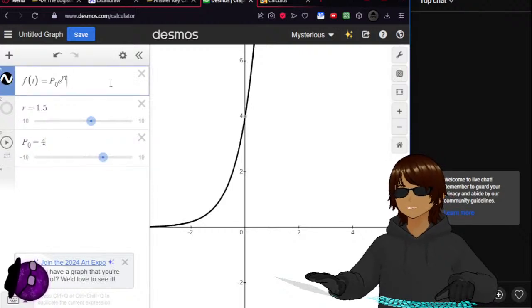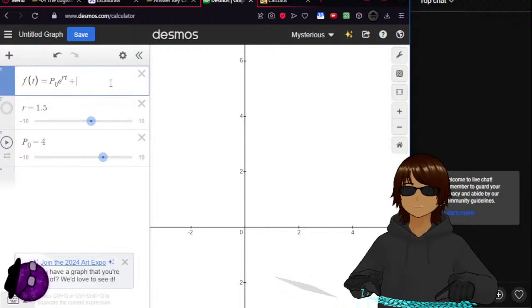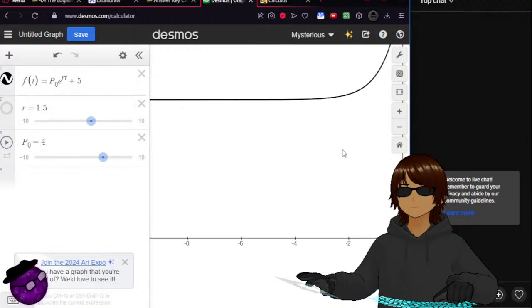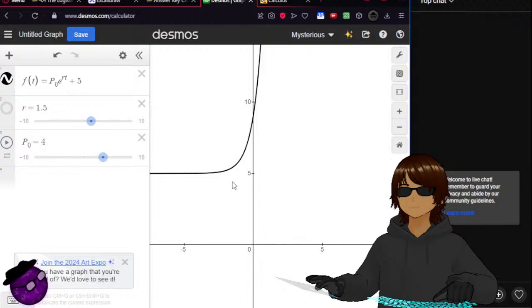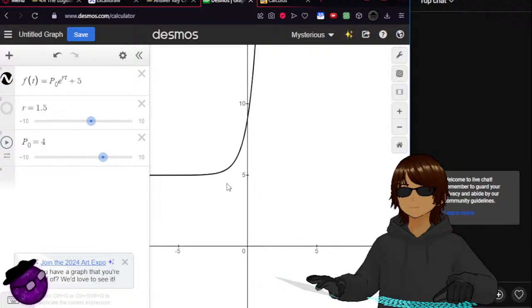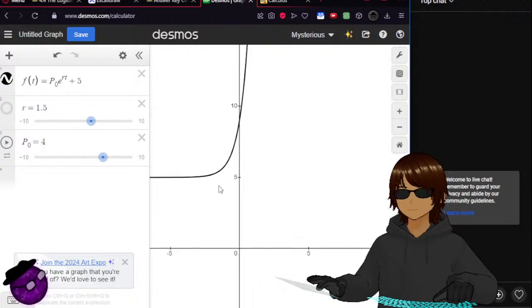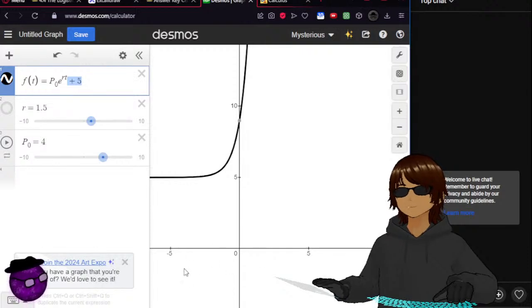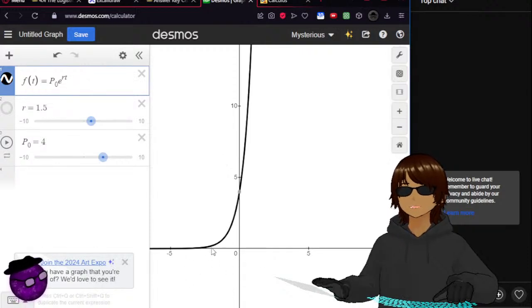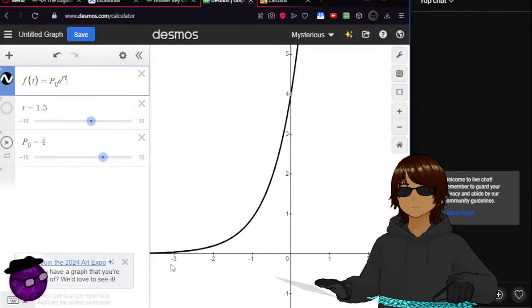Now I was thinking of something. So if we do plus 5, we don't add a plus C, right? Because we assume that the bottom line is 0, the limiting. You go infinitely back, we reach 0.